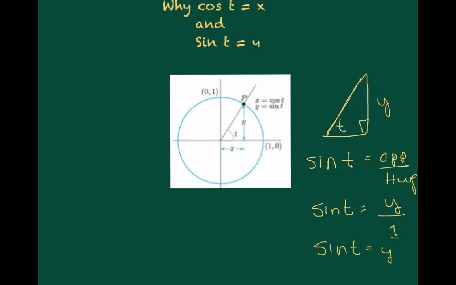We could do a similar thing with cosine, where the cosine of the angle t is equal to the adjacent side over the hypotenuse. Since the adjacent side is the x-coordinate, that's x over 1. So we say that cosine of t just equals x.